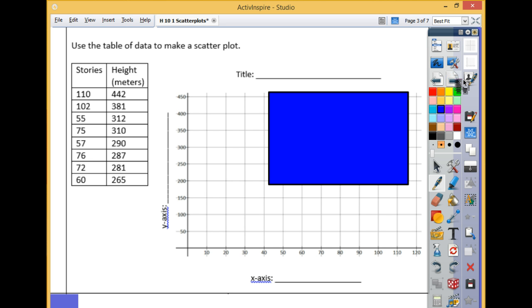Example 1 says use the table of data to make a scatter plot. Well, first of all, we have to give the scatter plot a title, and we have to label the x-axis and the y-axis.